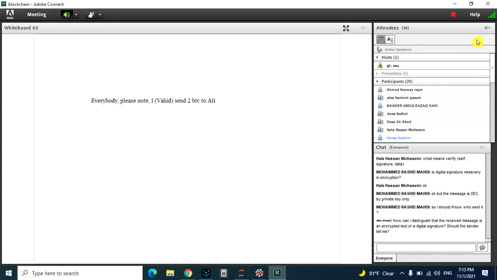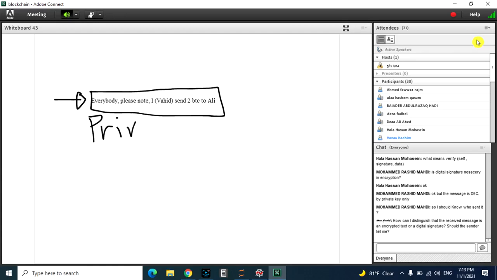How do others trust me? How do others know that this message is really created by Wahid? Maybe someone else pretends to be Wahid and makes such a fake message. If I, Wahid, sign this message with my private key, this proves that it's me.